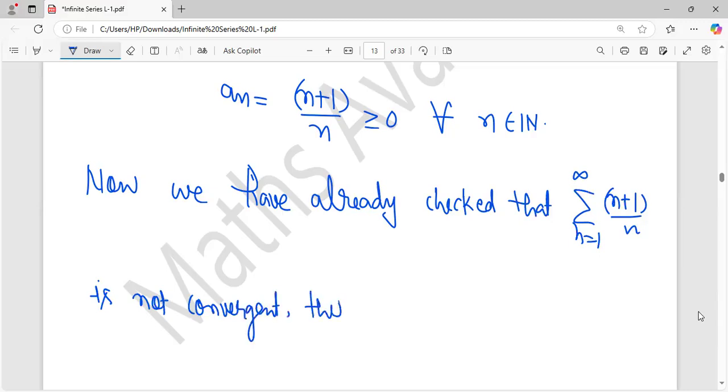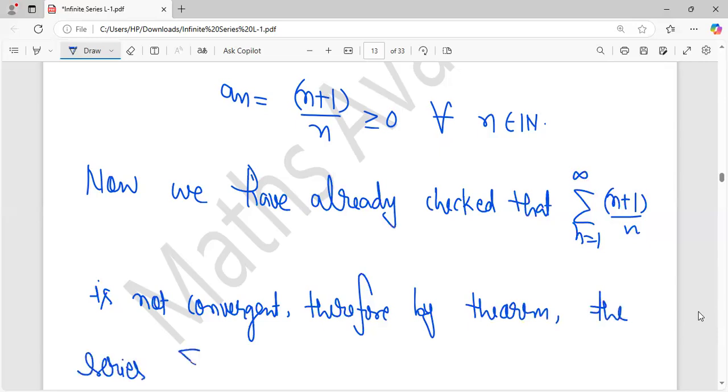Therefore, by the theorem, the series summation n goes from 1 to infinity of (n+1)/n diverges to plus infinity. Okay.